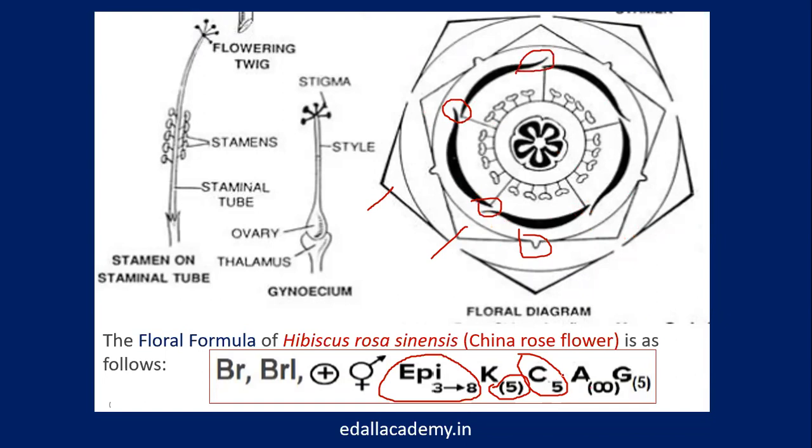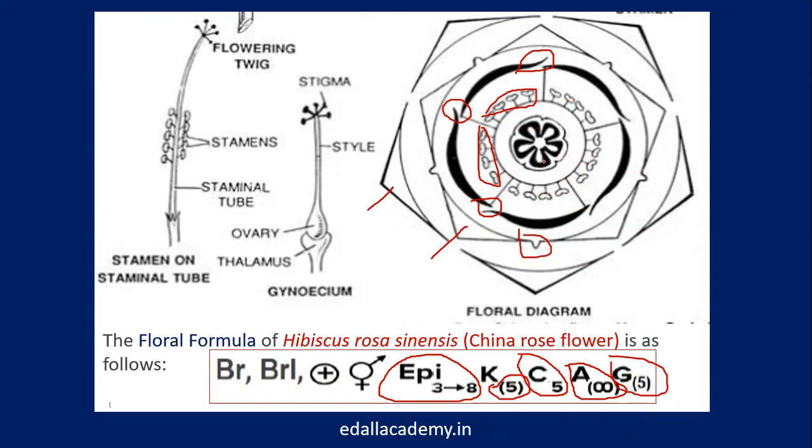This kind of arrangement is called twisted aestivation. Then androecium, numerous filaments of stamens fused together to form a single bundle. It is called monadelphous. Kidney shaped, reniform. Then the innermost whorl of the flower is gynoecium.